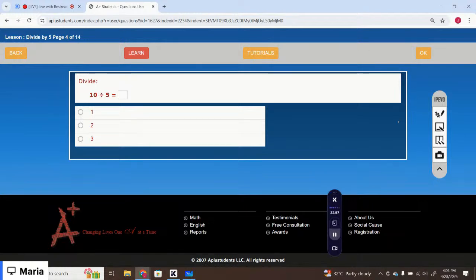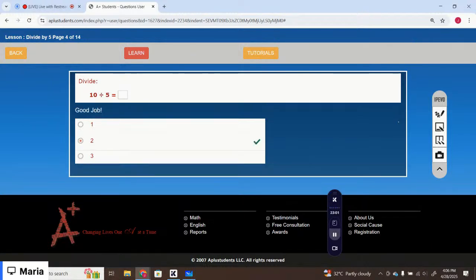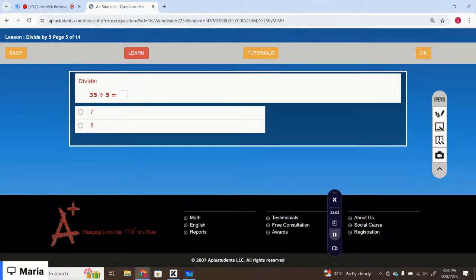Very good. The correct option is 2 because 5 times 2 makes 10. 35 divided by 5, which is the correct option?